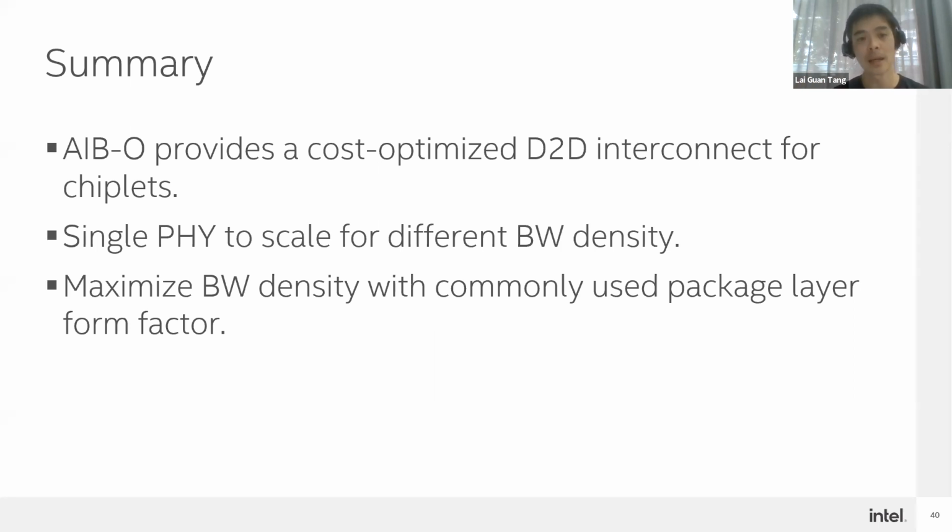We're trying to maximize the bandwidth density with a more commonly used package layer. It's not like we are trying to do it with more package layers or new technology on the organic package, because that will defeat the purpose of introducing AIBO, since we want it to be more cost optimized.